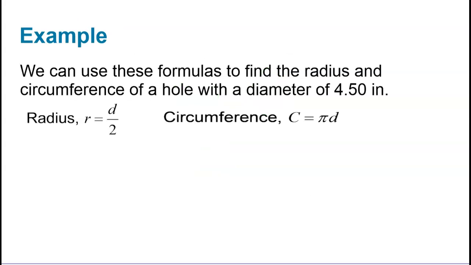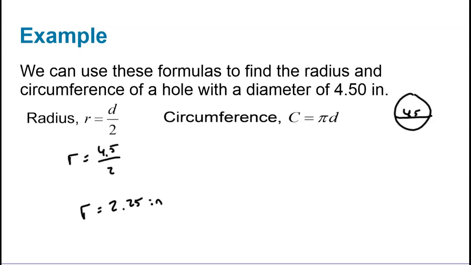Now we can use these formulas to find the radius and circumference of a hole. We're going to draw a circle, and it has a diameter, so all the way across, of 4.5. By finding the radius of that, we just simply say the radius is 4.5 divided by 2, so the radius is going to be 2.25 inches in this case.